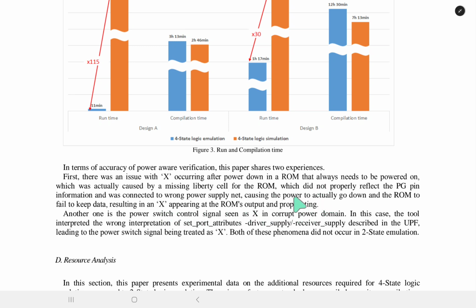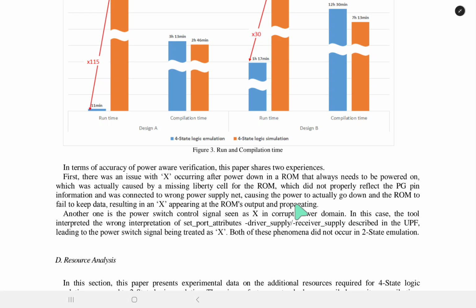The other is the power switch control signal seen as X in a corrupt power domain.